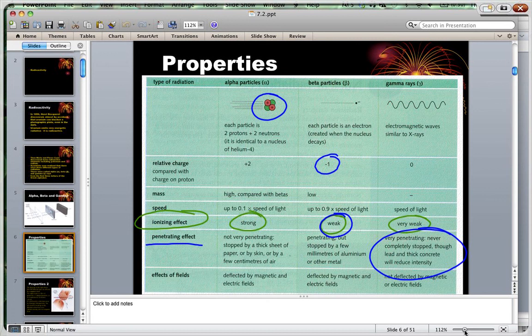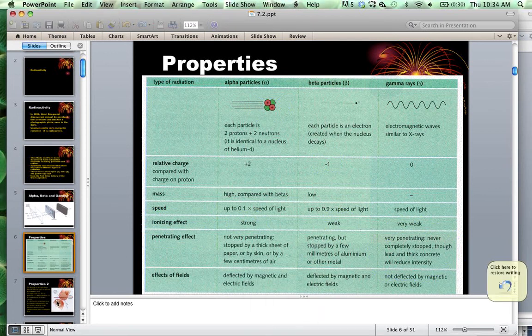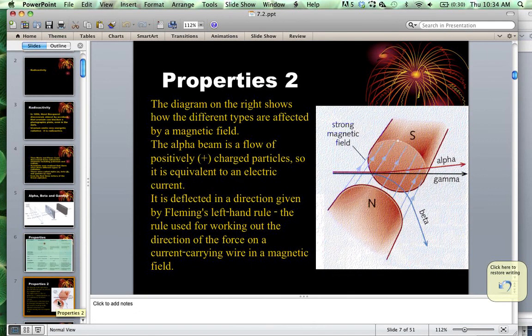All right, and then there's one further thing that I want to get through. When these alpha and beta particles go through a magnetic field, they will get affected. You can actually move them about. So, for instance, when I have an alpha particle going through a magnetic field, it's a positive charge.